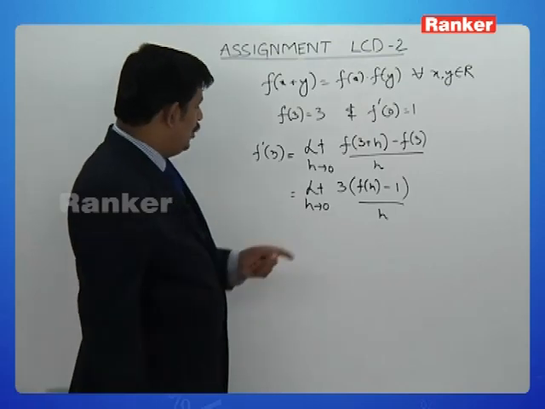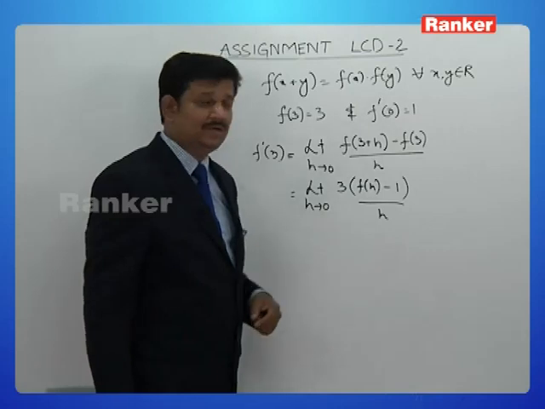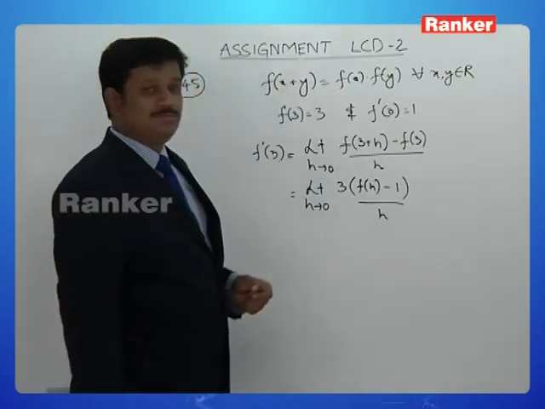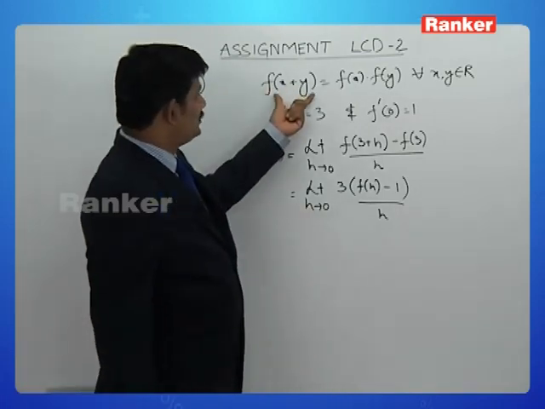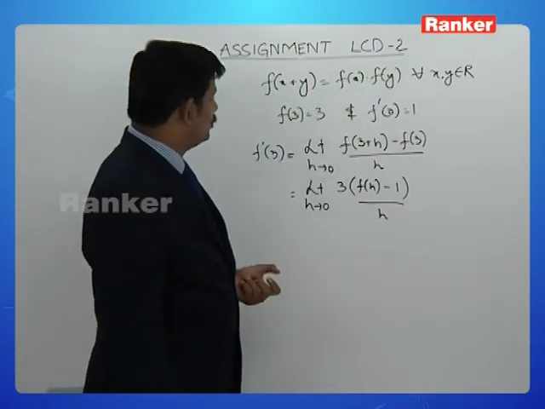Now, let us see what is the speciality of the limit h tending to 0 f of h minus 1 by h. Substitute x and y to be 0. F of 0 is equal to f of 0 into f of 0, or f of 0 whole square.